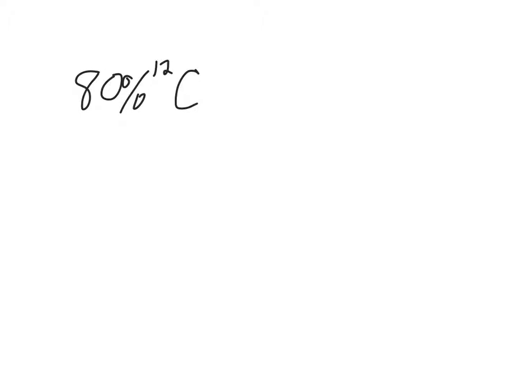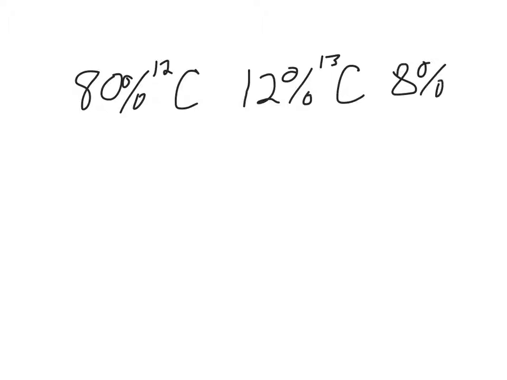And let's say I give you 12% of carbon 13. And let's say I give you 8% of carbon 14. Now guys, when you see a dash, this is just a dash. It's not a negative, okay? Your mass is still 14.